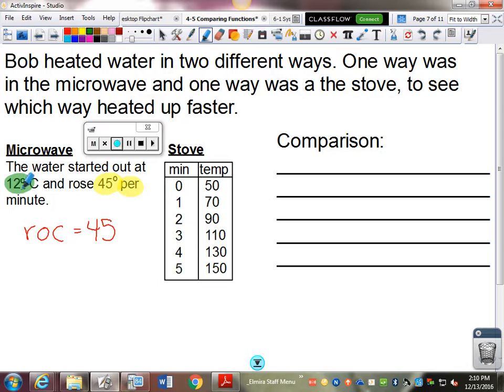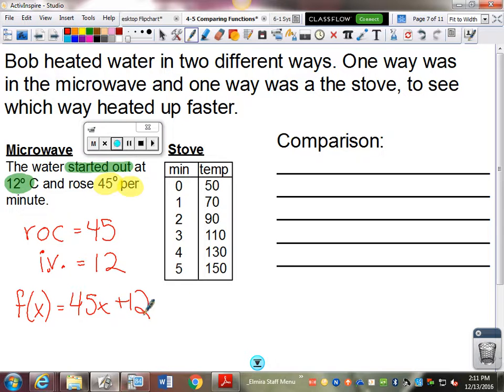The 12 is talking about the temperature the water started out as. So the context clues of the question tell me that's my initial value, my starting amount. So my equation would be f of x equals 45x plus 12.